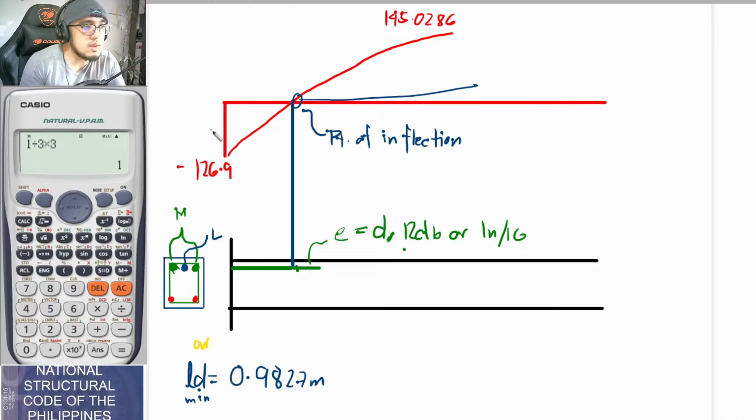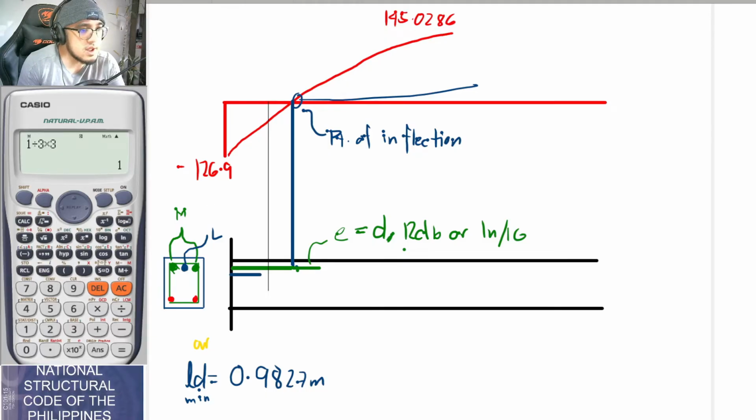So we would now be segregating them into 2 lengths. For your bars L, we can actually cut it somewhere here, at this part. So for your bars L, it can actually just stop here.